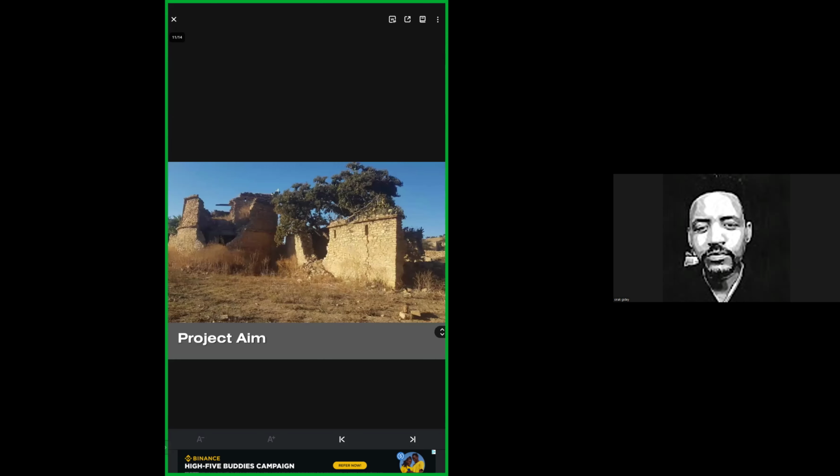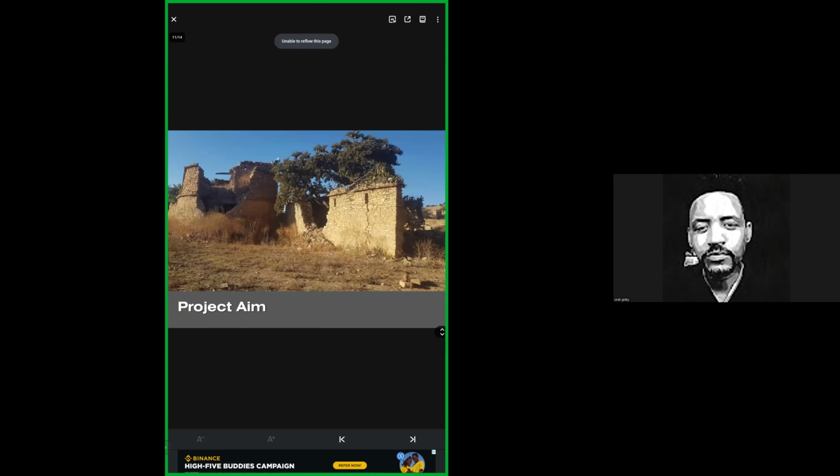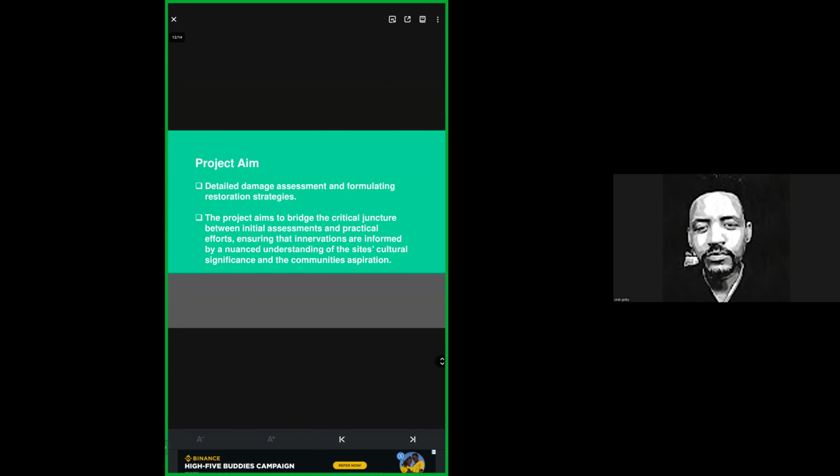This is the building, which is almost ruined and neglected by the society around it. The project aims to carry out a detailed damage assessment and formulate restoration strategies. The second aim is to bridge the critical junction between initial assessments and practical efforts, ensuring that innovations are informed by an understanding of the site's cultural significance and community aspirations.